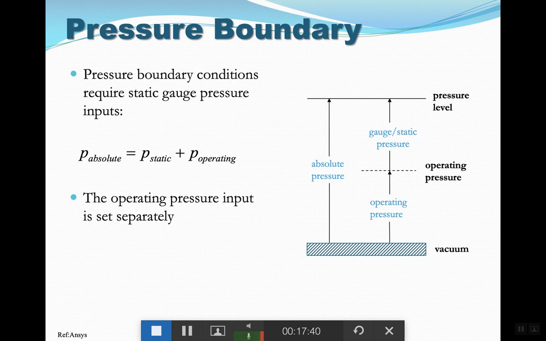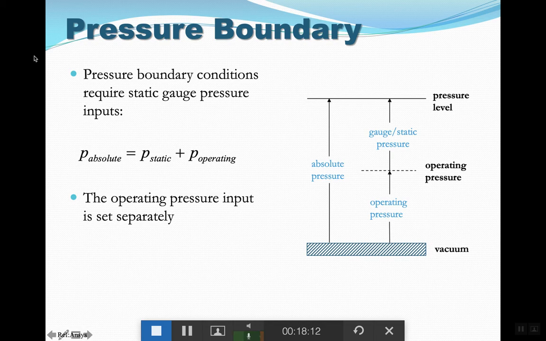So the next one is your pressure boundary condition. So in pressure boundary condition, you provide the pressure at the inlet or at the outlet. The only thing that you have to be careful about pressure boundary condition is the definition of the pressure. So in its definition, you have one absolute pressure which is compared to zero vacuum pressure.